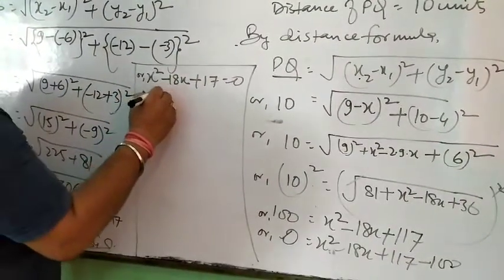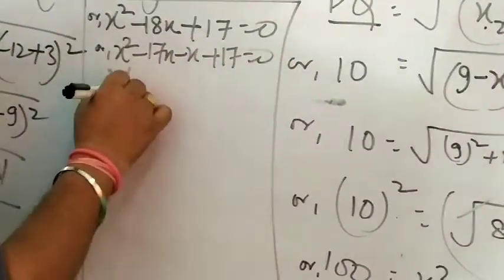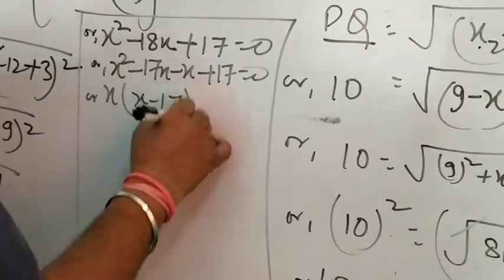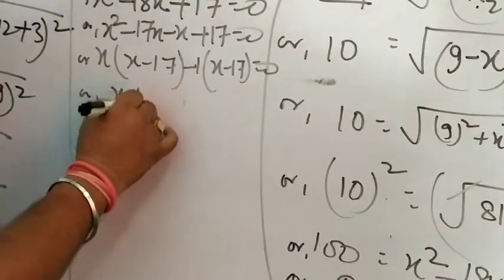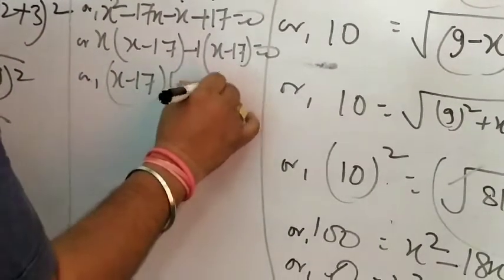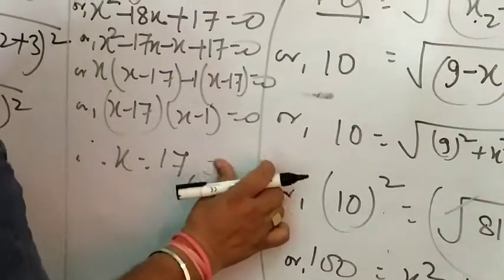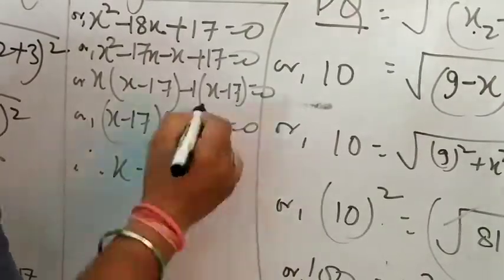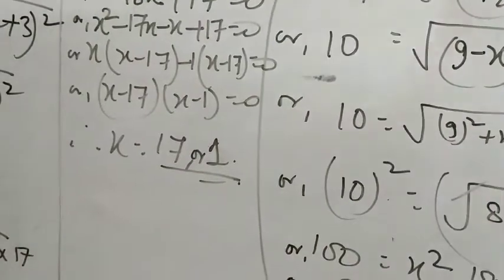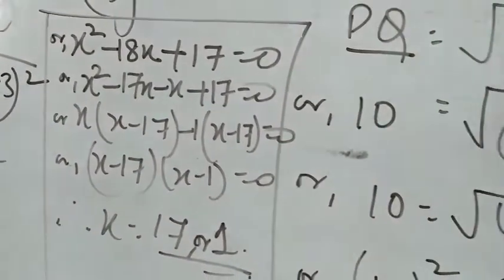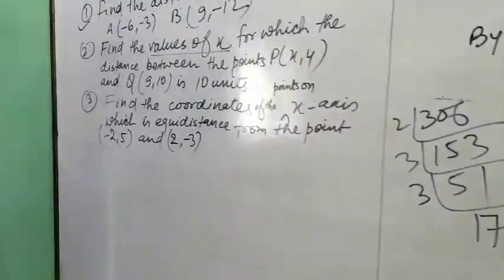It should be written x square minus 17x minus x plus 17 equals 0. x common, x minus 17, minus 1 common, x minus 17 equals 0. That means x minus 17 or x minus 1 equals 0. So the value of x equals 17 or 1. Both are answers for x. So in this way we can find the values of x. That means the value of x can be many, so we can find that.